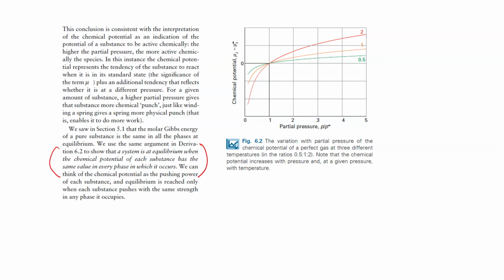Restating that: a system is at equilibrium when the chemical potential of each substance has the same value in every phase in which it occurs. We can think of the chemical potential as the pushing power of each substance, and equilibrium is reached only when each substance pushes with the same strength in any phase it occupies.